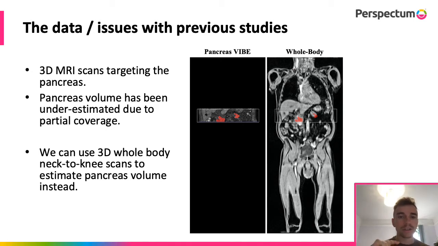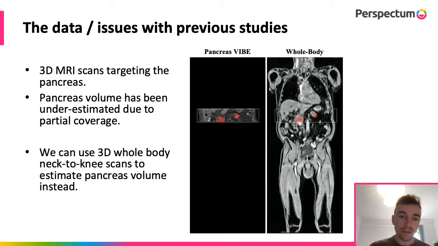However, as we started to look at these scans, we noticed that a lot of the acquisitions only had partial coverage of the pancreas. So we thought, what can we use instead? Also within UK Biobank, there are these whole body neck to knee Dixon VIBEs. So we looked into whether we could use these whole body scans to more accurately measure the volume of the pancreas.